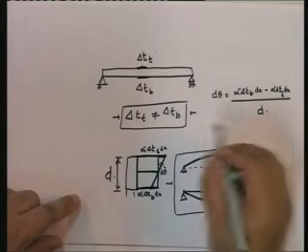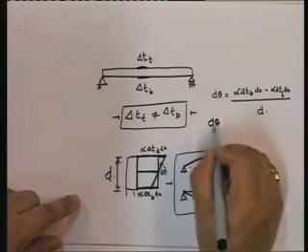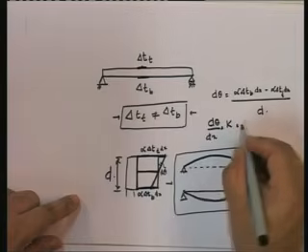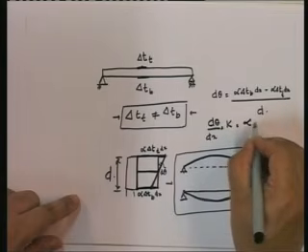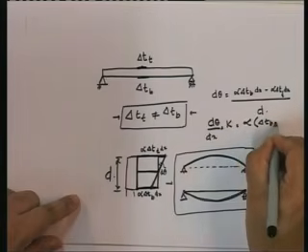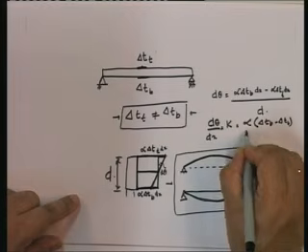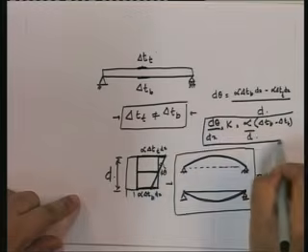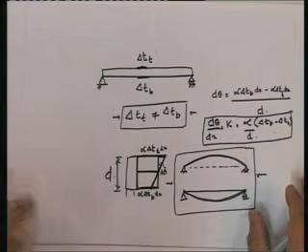So therefore, d theta by dx, what is that? The curvature. Curvature is given by alpha times delta T bottom minus delta T top upon d. This is the real curvature due to a differential temperature.